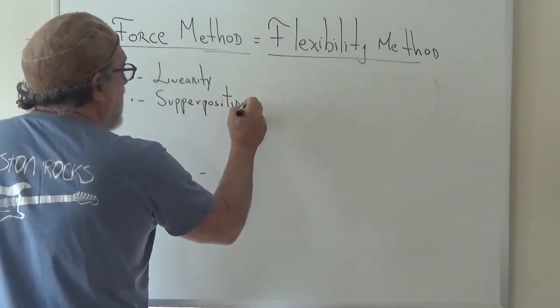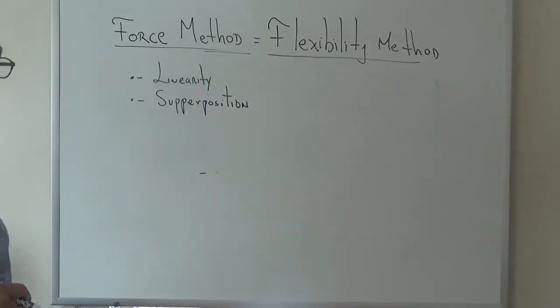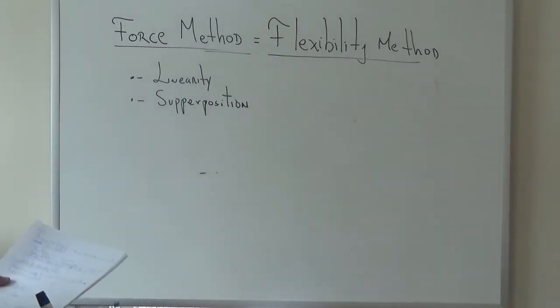That's why we need linearity, because we're going to be using superposition. That is, we're going to assume that if we have something that produces an effect A and something else that produces an effect B, that the action of the two things together produces A plus B. Now that does not happen if the system is nonlinear, right? But we are assuming linearity and superposition.